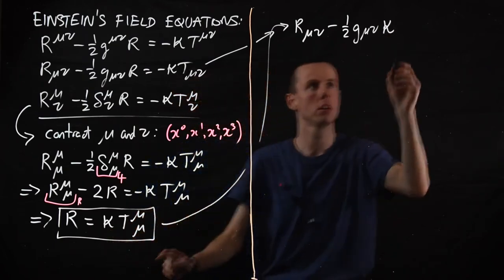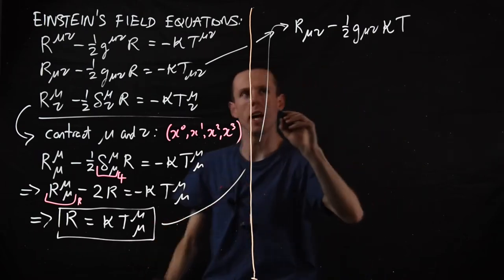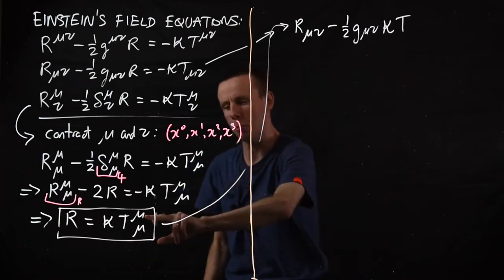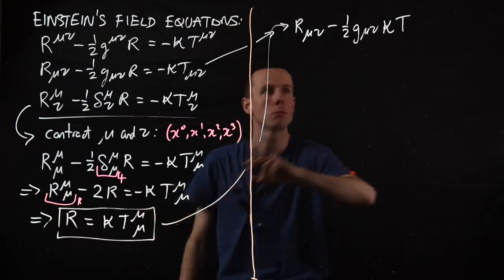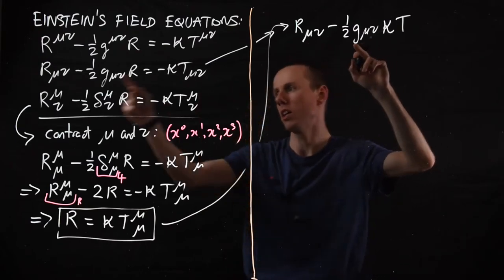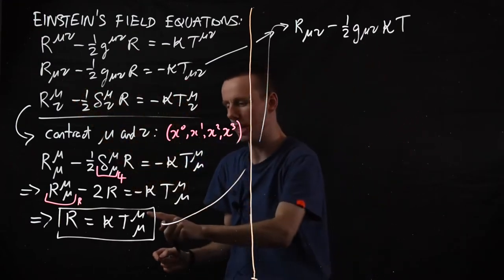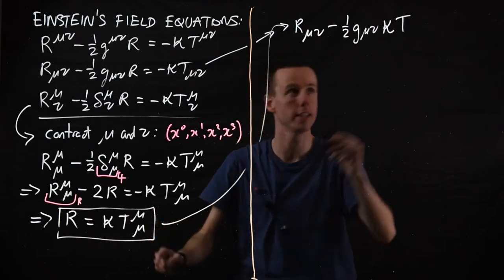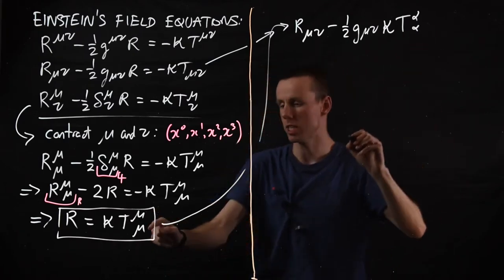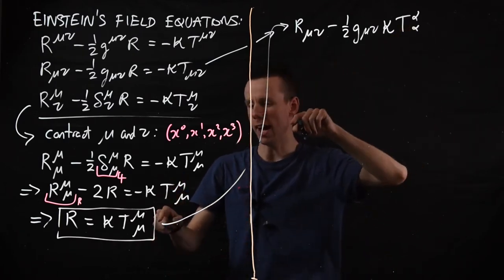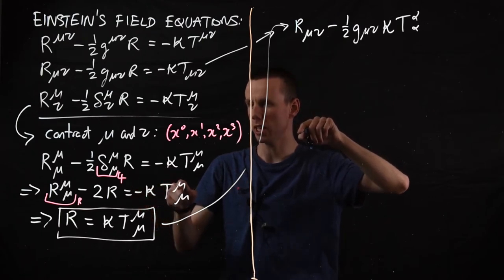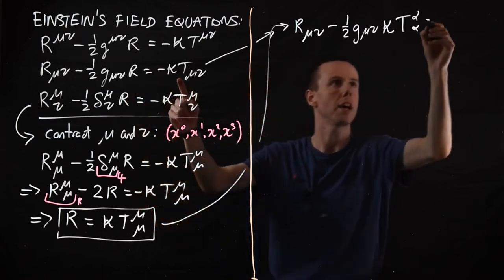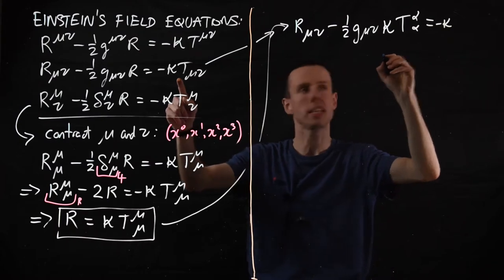So you've got kappa T. Now I have to be careful with indices. So here I've got mu mu, but it's just a dummy index. It's summed over. Now I've already got mu here, and here it's a free index. So let me rename this dummy index to something else. Let me just call it alpha alpha, say. But it is summed over. And then on the right hand side, I have equals minus kappa T mu nu.